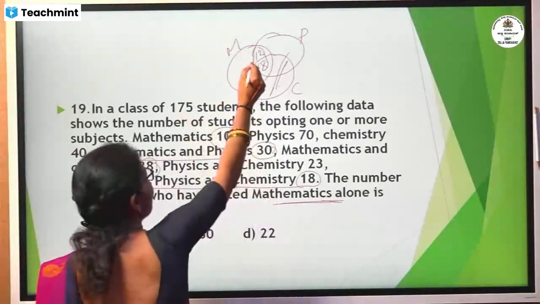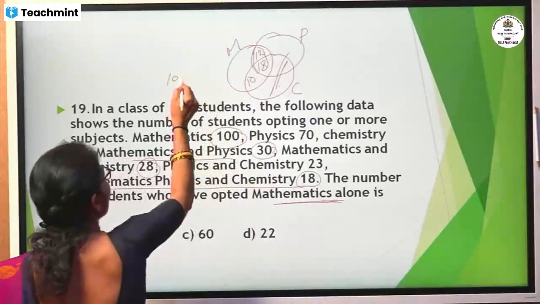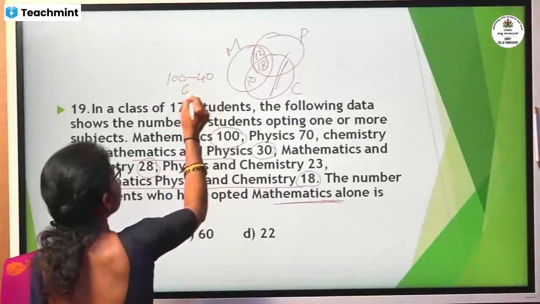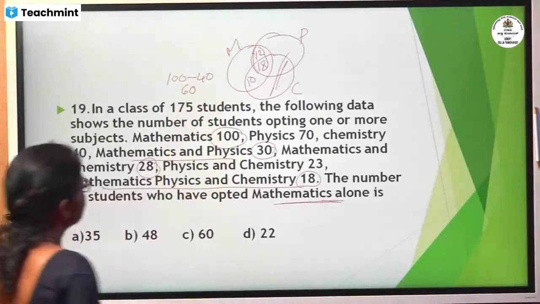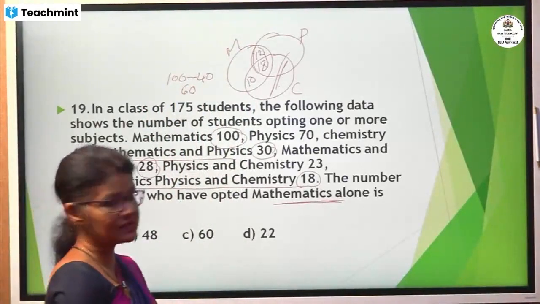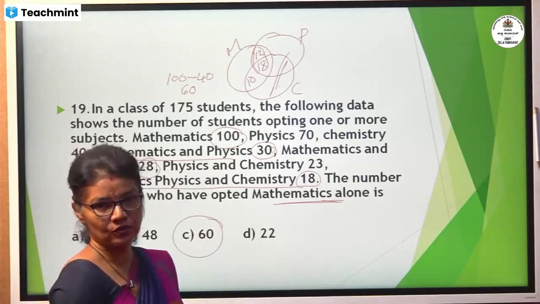Out of 100, you have to delete 12 plus 18 plus 10, that is 40. So 100 minus 40 gives 60. So the number of students who opted only mathematics is 60. If you check with the options, option C holds good.